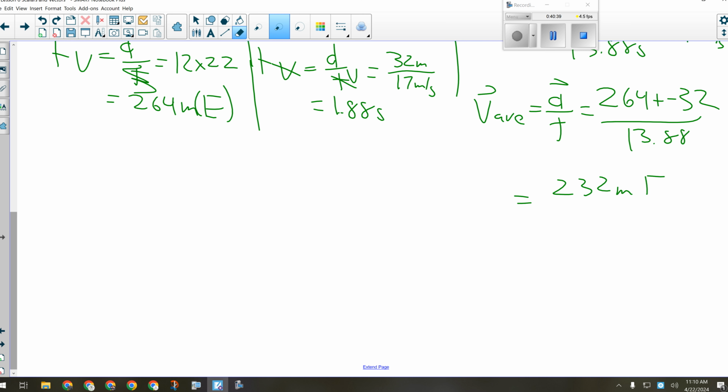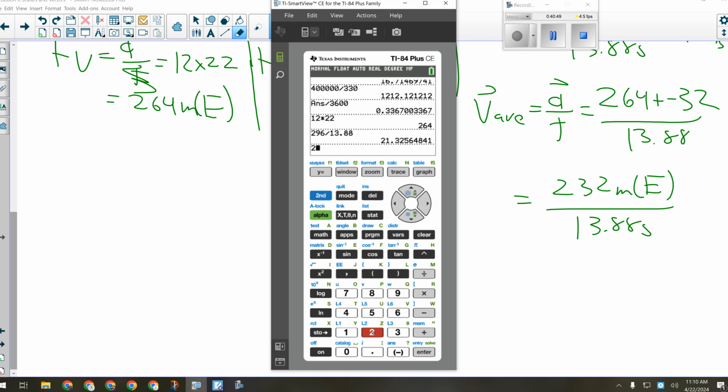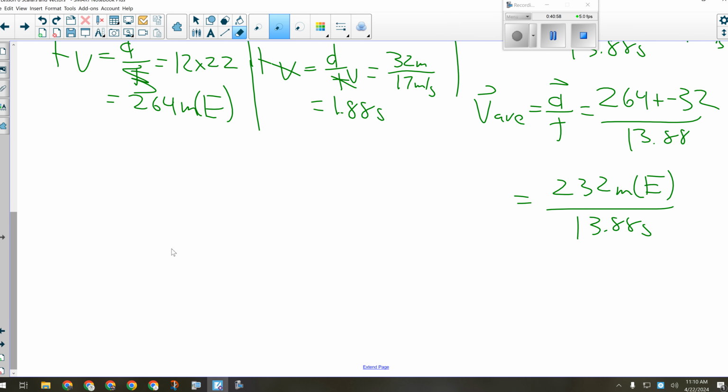Meters east, yeah, divided by 13.88 seconds. So the velocity is 16.7 meters per second east.